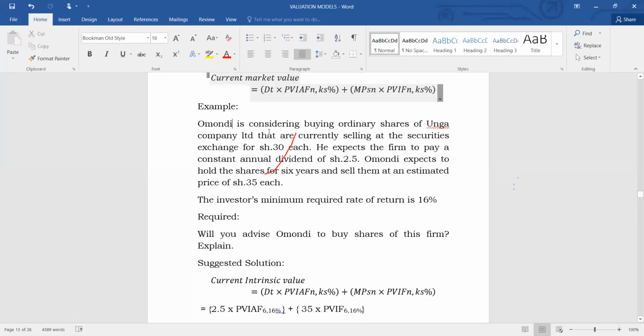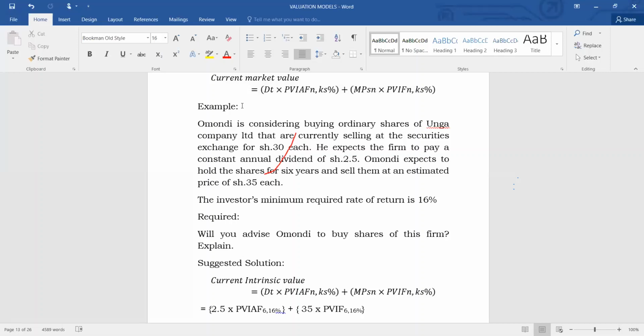Required, will you advise Omondi to buy shares of this firm? Explain. Last time when I was introducing this aspect of valuation models, I said that one of the reasons why we worry about valuation of securities is for purposes of establishing whether securities are overvalued, undervalued, or correctly priced.